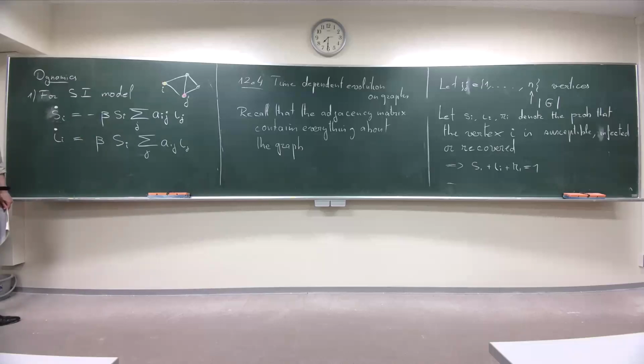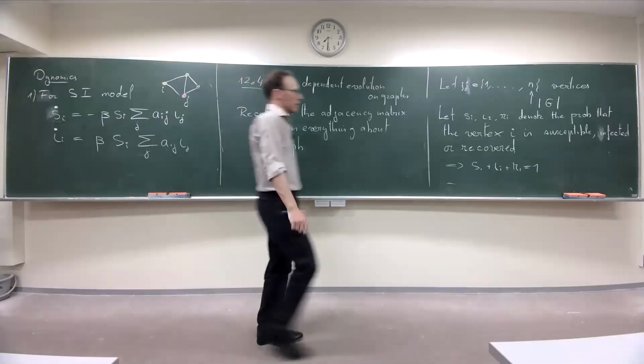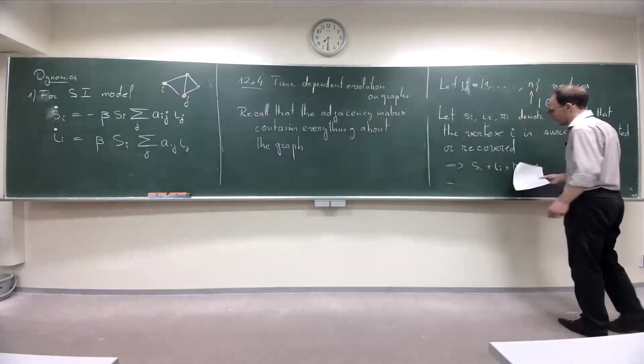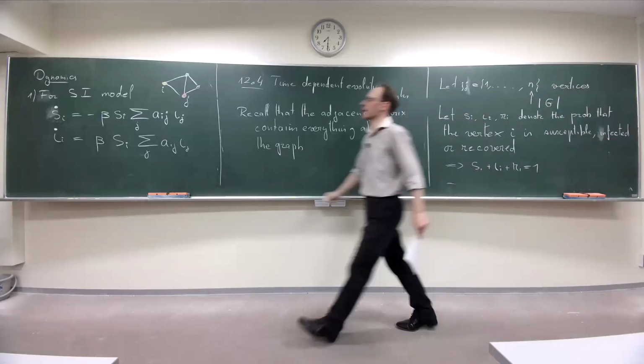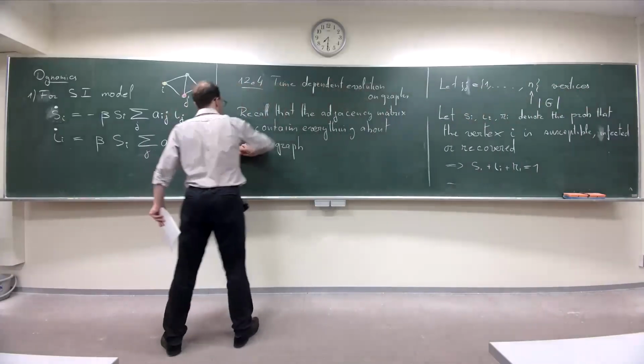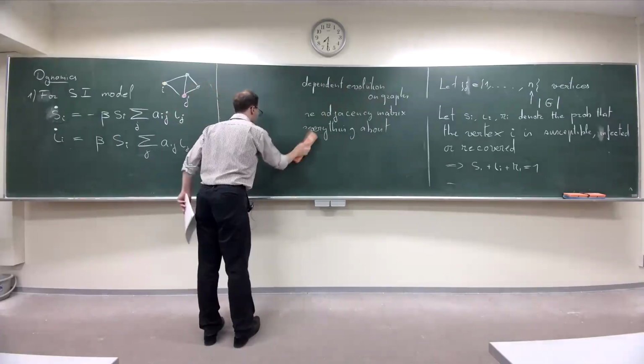And now for this model, as before, I can use the simpler relation that Si plus iota I is 1. So we can transform this into another equation.